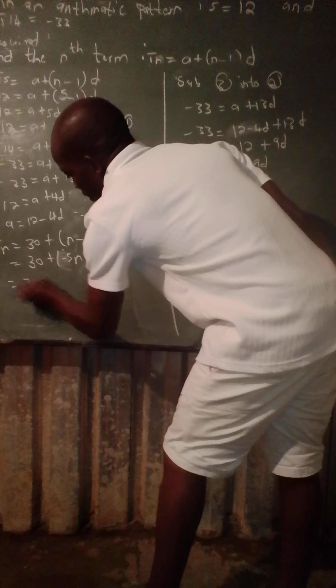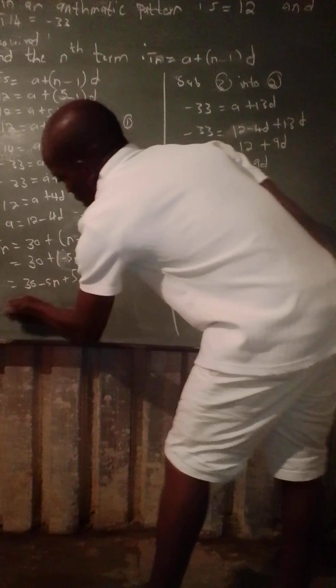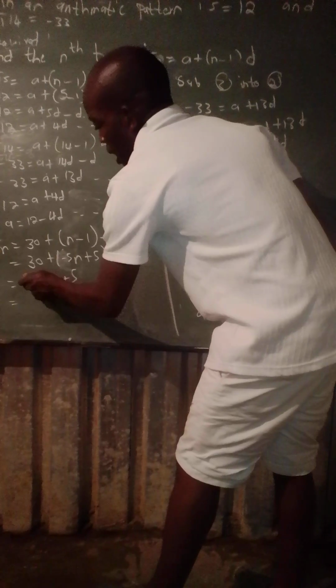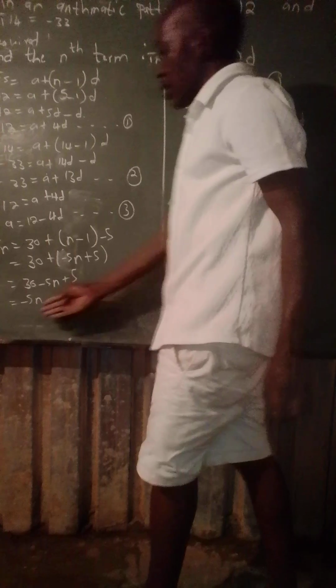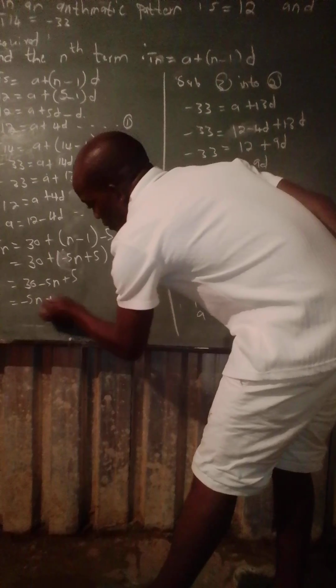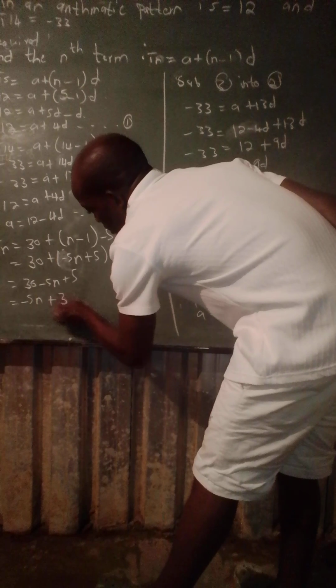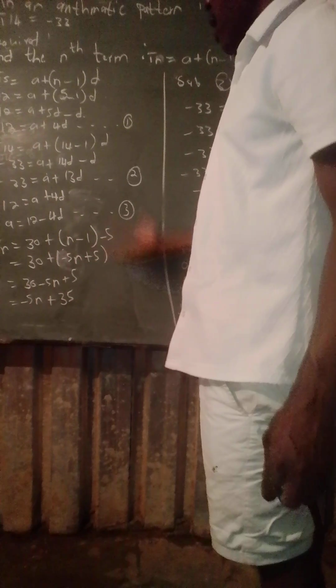Then this is 30 minus 5n plus 5. Now what I'm going to get is minus 5n first, since it's a variable, then plus 35. Now I have found the value of my nth term.